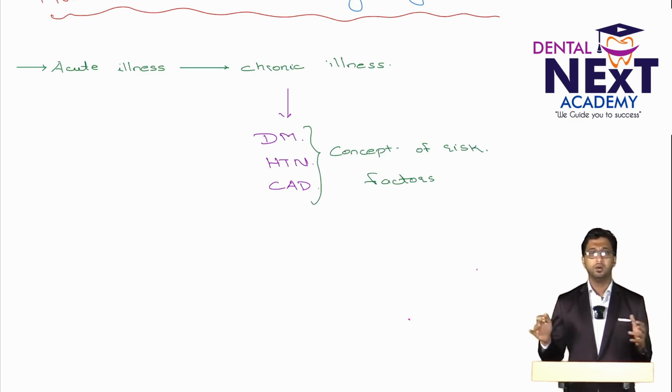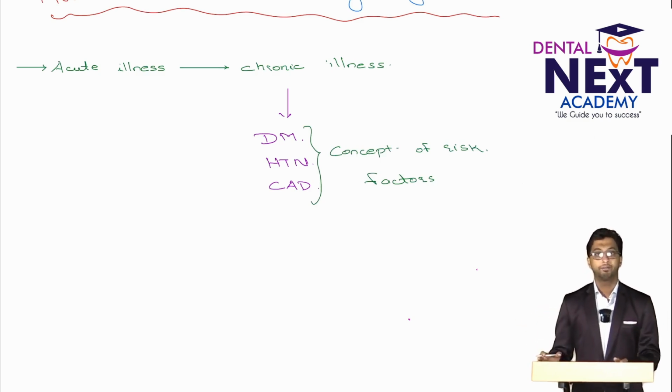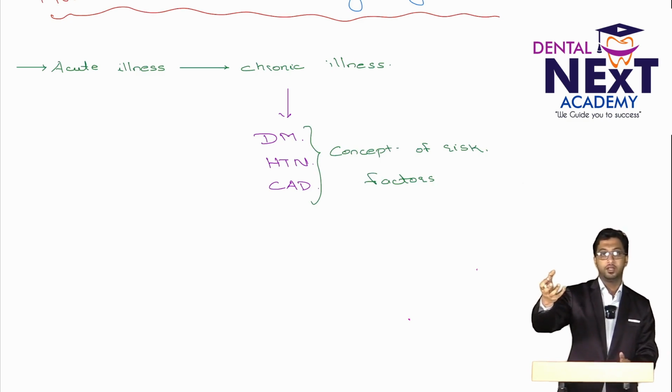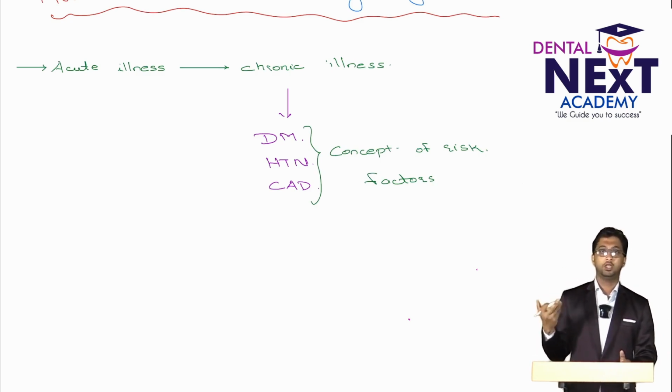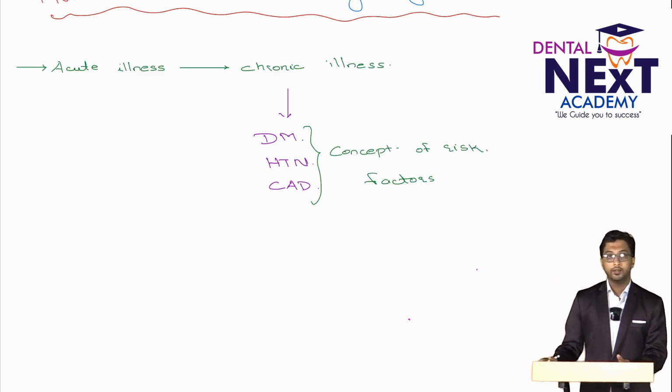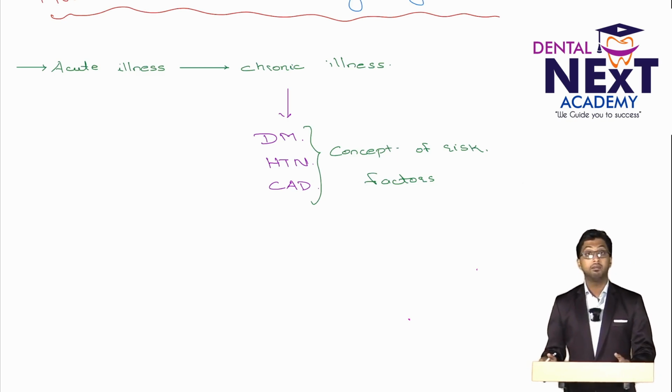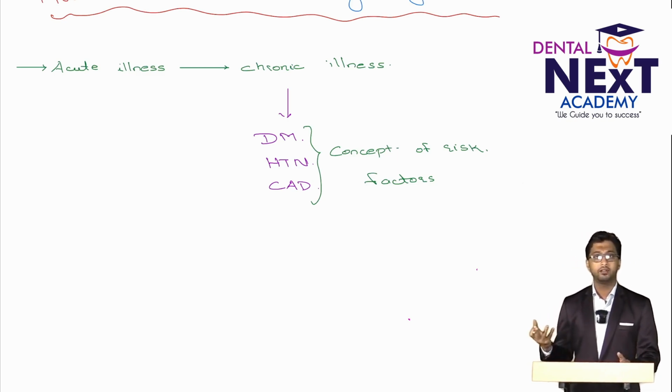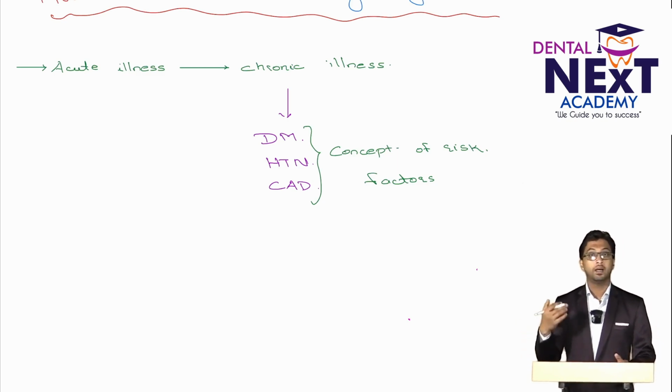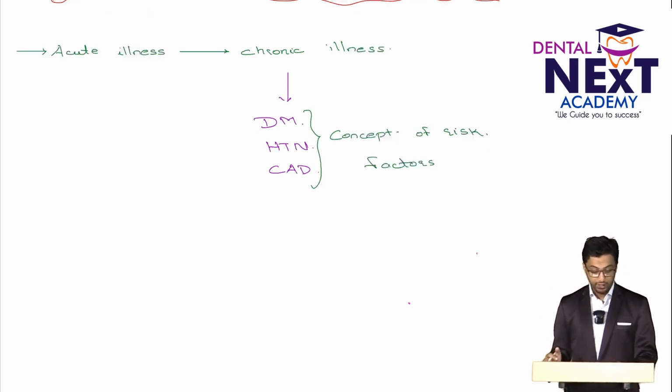There was nothing like the risk factor concept. There was an infectious agent which affects the person, and they thought that this caused the disease. Now, with diabetes mellitus, for example, the risk factor is taking too much sugar, or lack of exercise. So all this gave rise to the concept of risk factors.